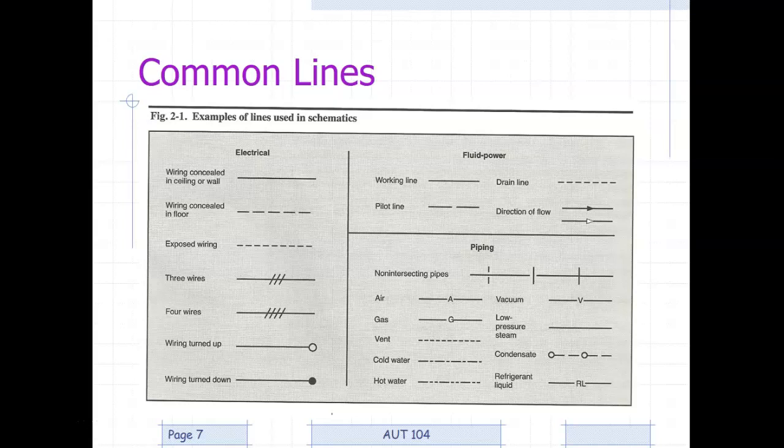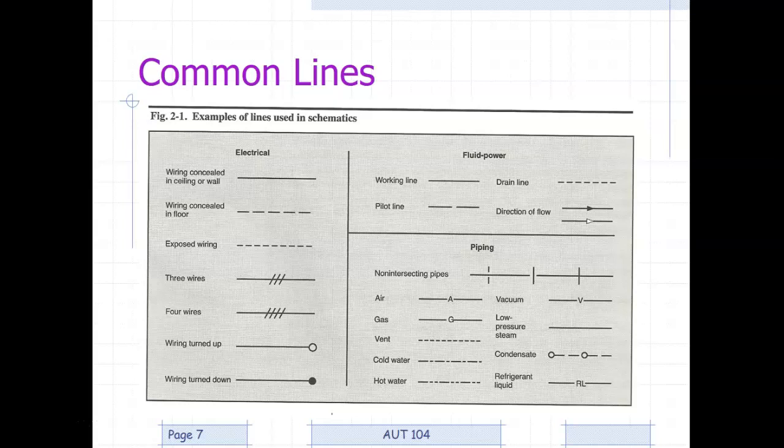Why? Because it's just easier to do it. I can cut into it at any point and add more plugs. But there are times where I might need to turn it 90 degrees up or 90 degrees down. I need to either turn it up or I need to turn it down. Why? Because I might need to take it down to the next floor or take it up to a light switch.